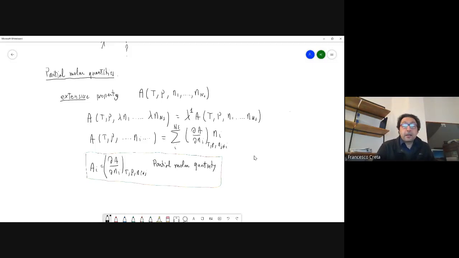Clearly, A will have a very easy expression once we know all the partial molar quantities, as we said, because we can write it using Euler's theorem, exactly like we did for the Gibbs energy.